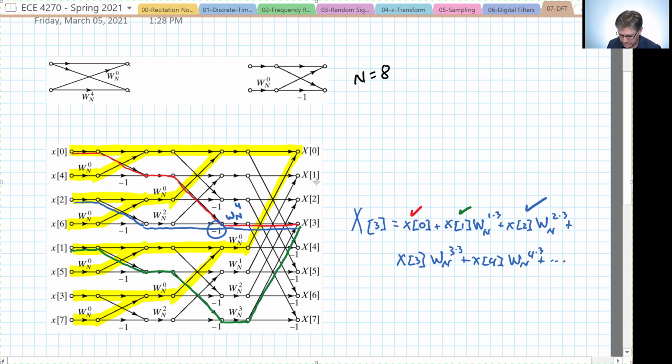And you can see we can do this for a little while. Let's do one more. And then I'm going to be running out of colors, so we'll stop. So Wn to the ninth multiplied by little x of 3. So that's down, x of 3 is down here. What path are we going to follow? It's going to have to come here.